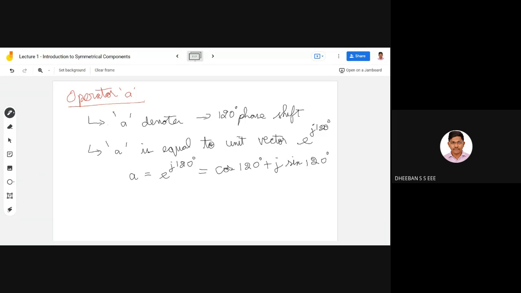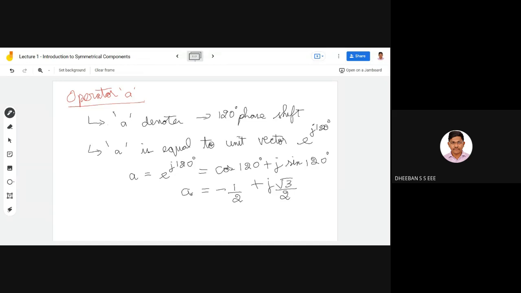Generally this represents nothing but your 120-degree phase shift. Now cos 120 degrees becomes minus 1 by 2, and sin 120 becomes plus j root 3 by 2.